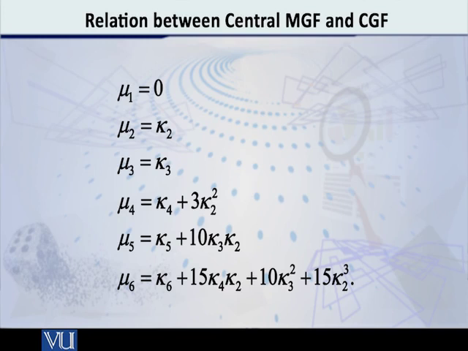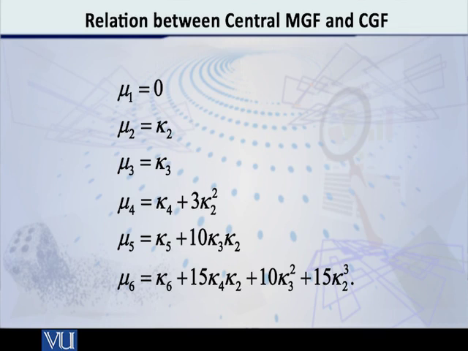Mu4 is kappa 4 plus 3 times kappa 2 square. So this is a polynomial in the cumulants, but please note that the highest cumulant is kappa 4. इधर mu 4 है तो उधर भी kappa 4 है, kappa 5 नहीं है या 6 नहीं है.